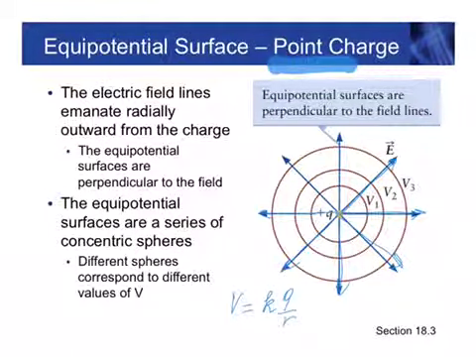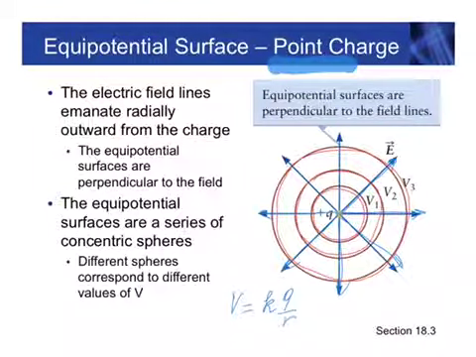That means at the same distance we're going to have the same potentials. Hence, we have equipotential surfaces going like spheres around the point charge. I think it's very logical, makes sense.